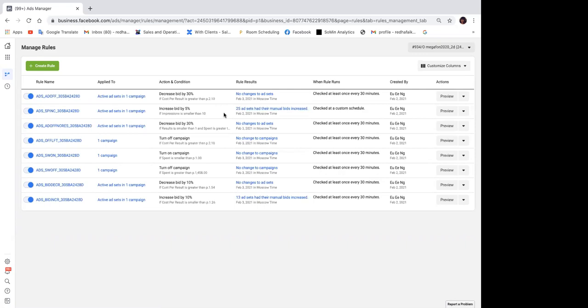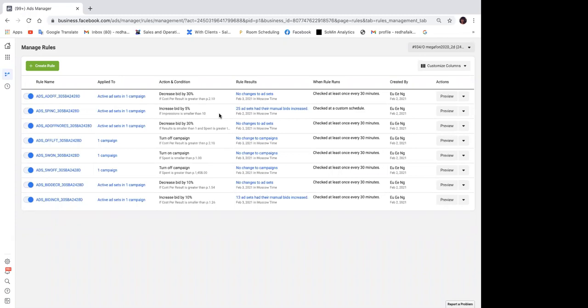Till which moment will this rule be increasing the ad set by 5%? Until the impressions reach at least 10. In total, or today, or this hour? Today. Correct. So now you have one rule that increases the bid for the ad set by 5% until that ad set reaches 10 impressions today.